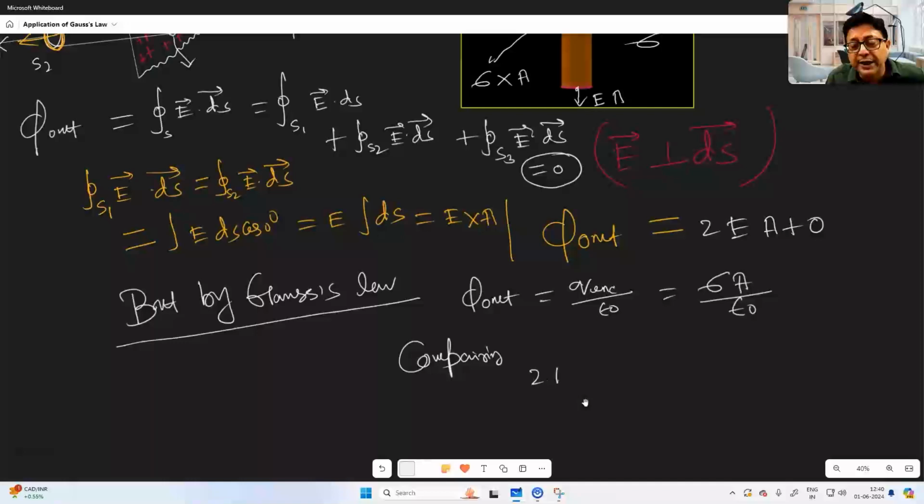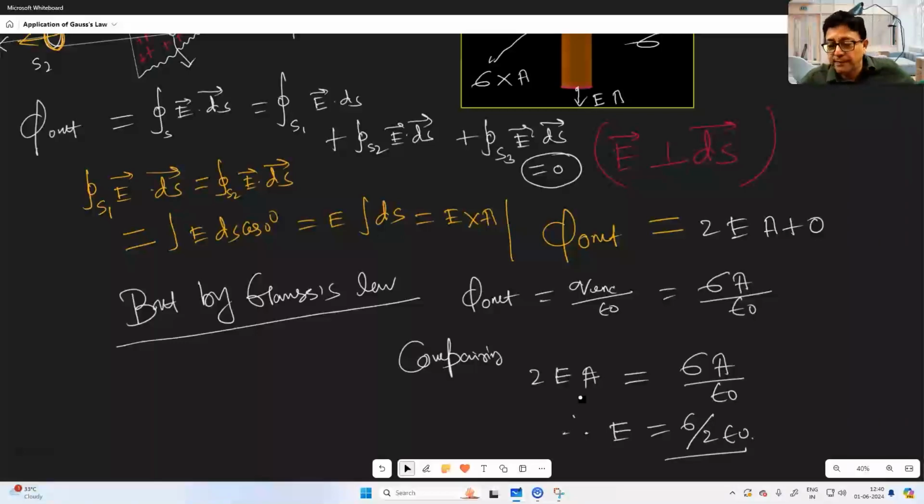Comparing 2EA to E into A, it is sigma A by E0. So E is equal to what? E is equal to sigma by 2E0. Clear?